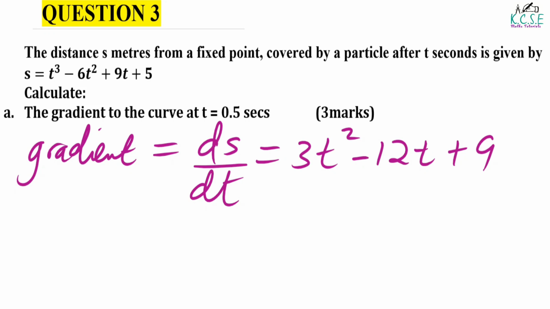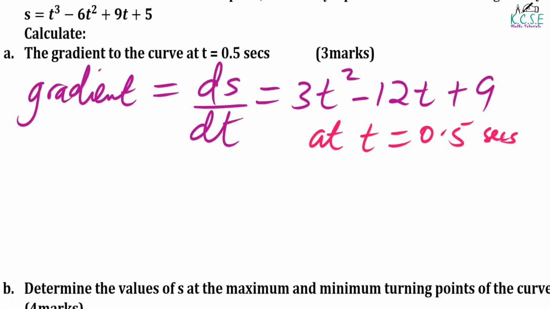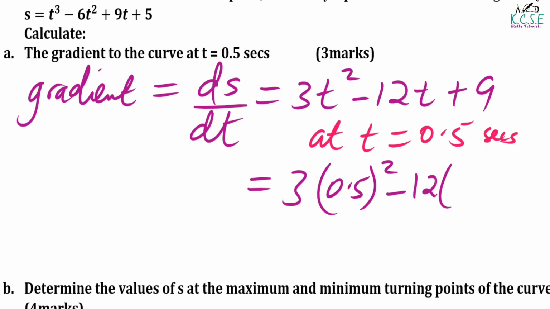Now at t is equals to 0.5 seconds, what we're going to do here is just to substitute. So 3 times 0.5 squared minus 12 times 0.5 plus 9. So that is how we're supposed to get the gradient to the curve at t is equals to 0.5.